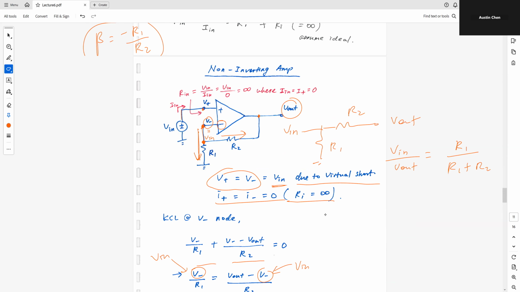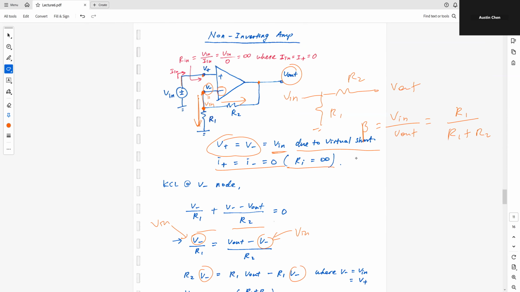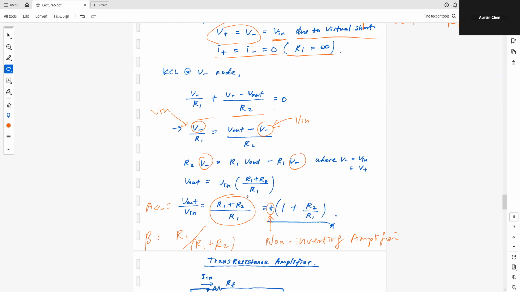So beta is equal to V in over V out in this case, and this is simply R1 over the sum, going from the output back to the input through this voltage division. From this beta, take 1 over beta, and you can find your ACL. So that's one trick that I wanted to show you.